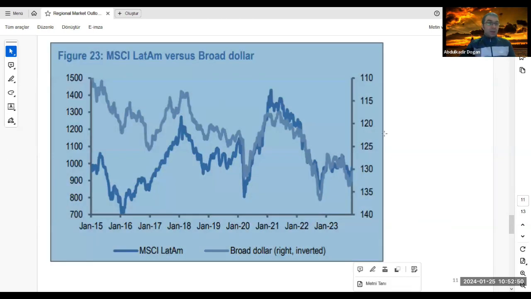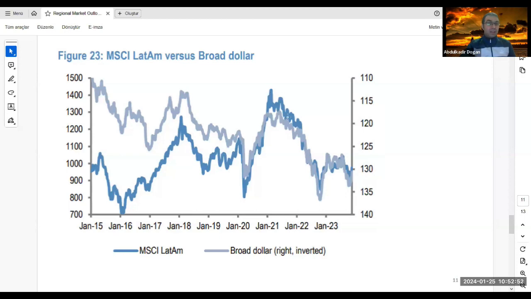So if the dollar is getting stronger, look at the broad dollar, this gray line. If the dollar is getting stronger, the Latin American countries MSCI index is decreasing, right? Because if this is decreasing, this is increasing. Look at the numbers. The right hand side is inverted.